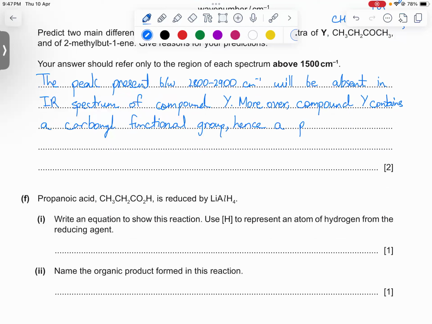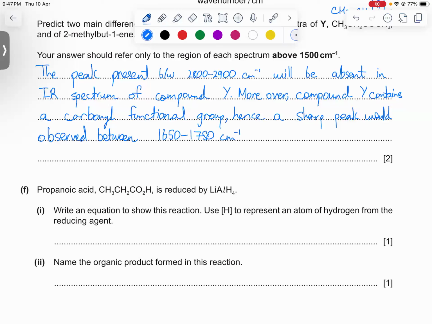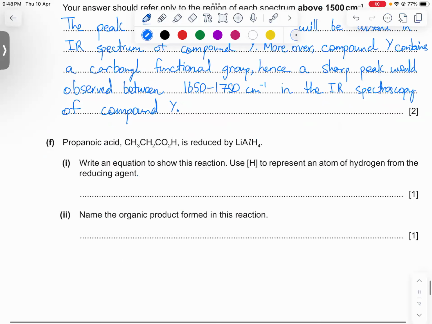Hence, a sharp peak would be observed between 1650 to 1750 centimeter inverse in the IR spectroscopy of compound Y. These are such obvious things, beta, but you have to use a little bit of knowledge and a little bit of common sense to find these answers.